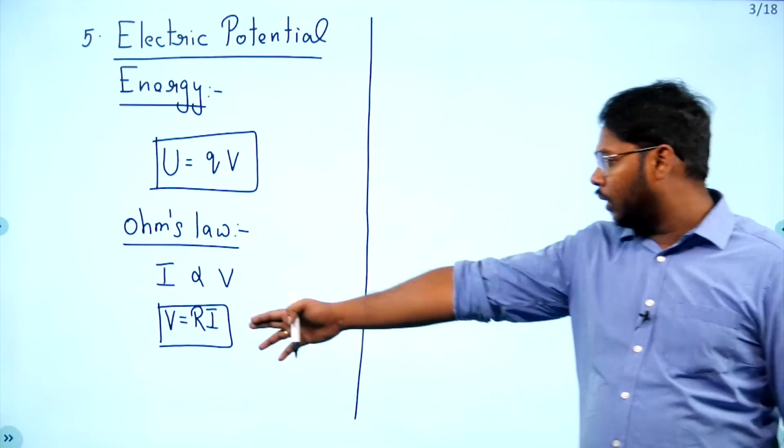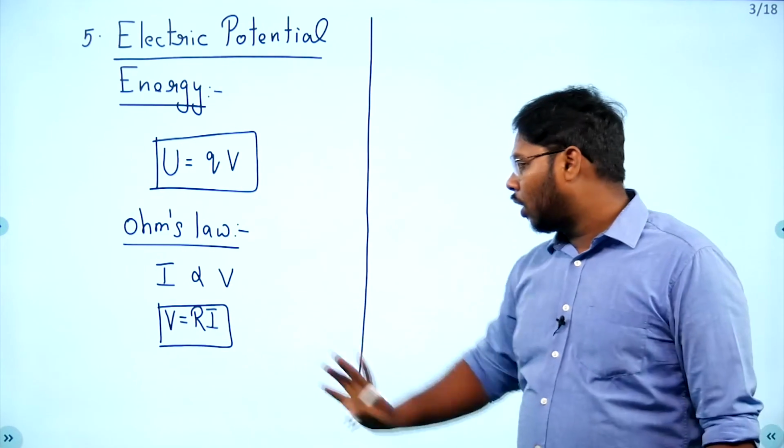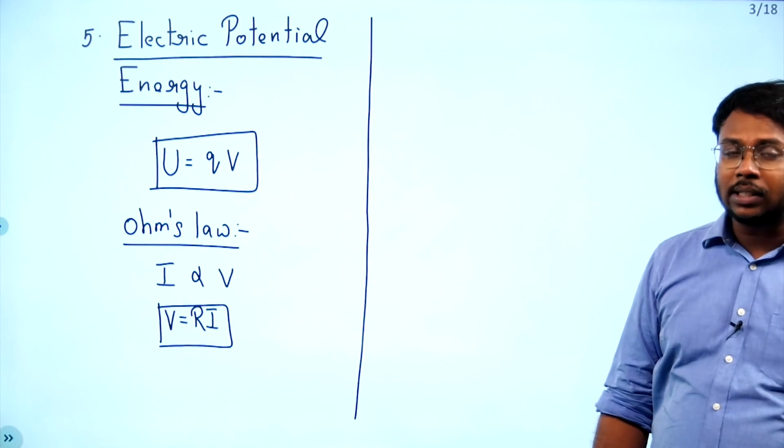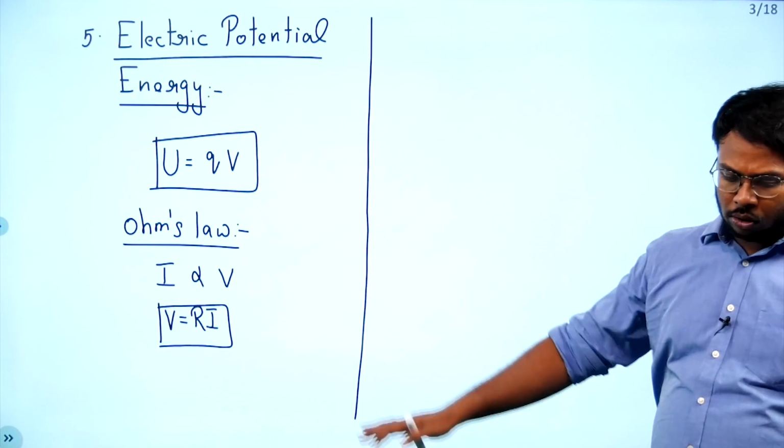That is why it is said as V is equal to I into R, where R is constant. Only in that case the potential is directly proportional to the current. So this is well known.